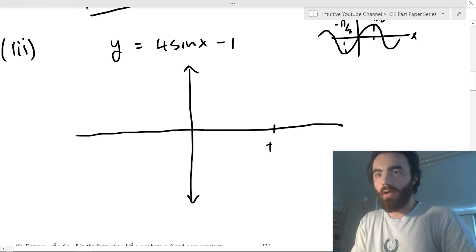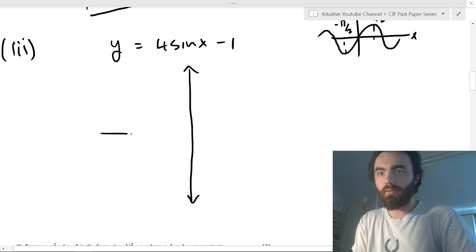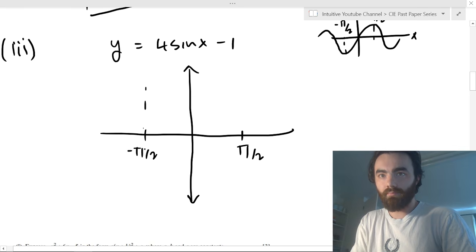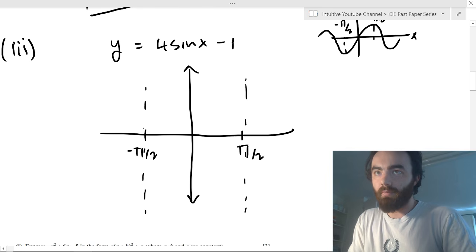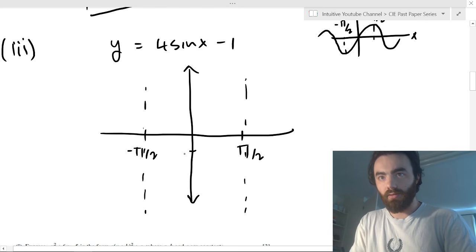If we draw this here, let's call this pi over 2, and this minus pi over 2. It's shifted down 1, so it's going to pass through here instead of at 0. Its amplitude is 4, so it goes up 4 to 3, and down to minus 5.